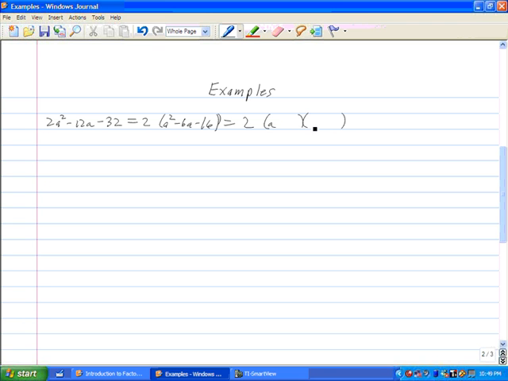A squared has to be a times a. The minus on the end has to be a plus and a minus, or perhaps a minus and a plus. We'll figure out which it is. 16. Let's see, I wonder if it's maybe 4 times 4. See, a 4a, a negative 4a, that's 0.